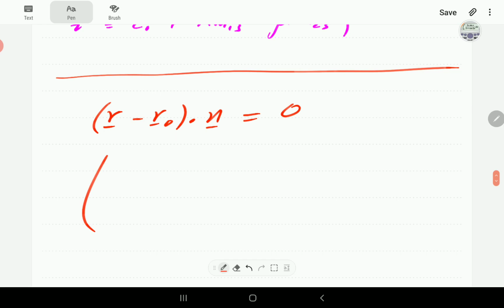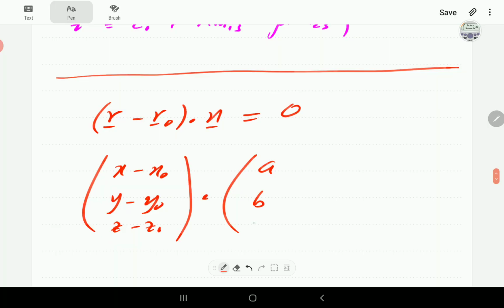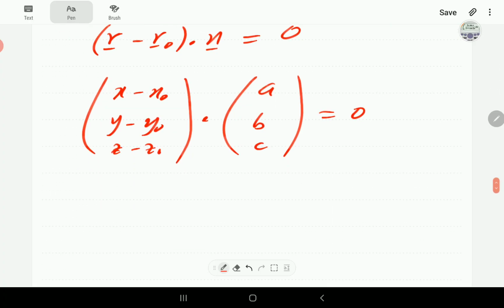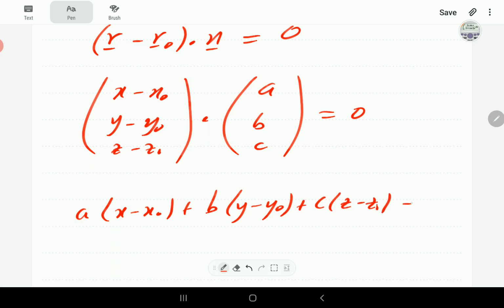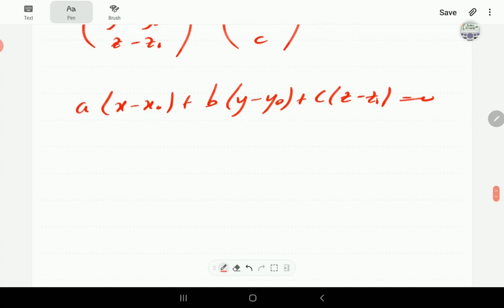However, r minus r naught we can write as x minus x naught, y minus y naught, z minus z naught. N is a, b, c. If we do this dot product, we're going to have a into x minus x naught plus b into y minus y naught plus c into z minus z naught equals 0.